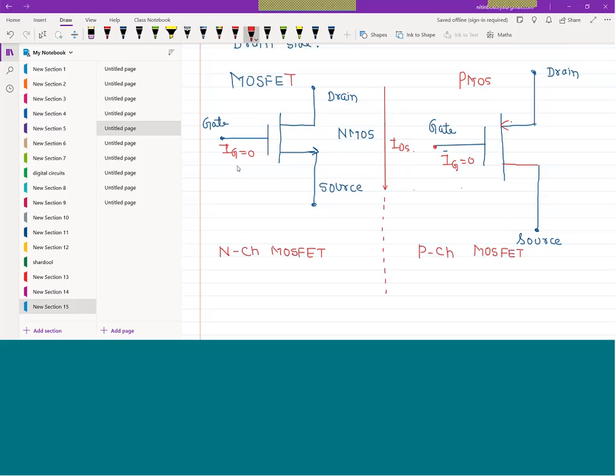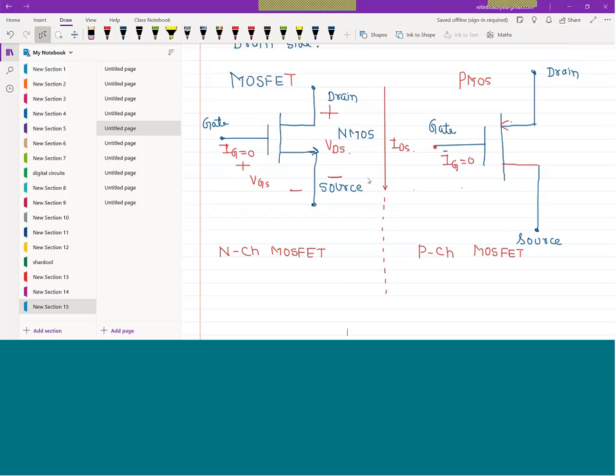This potential is known as VGS, and this potential here is known as VDS. Okay? So we will talk in terms of VDS and VGS.